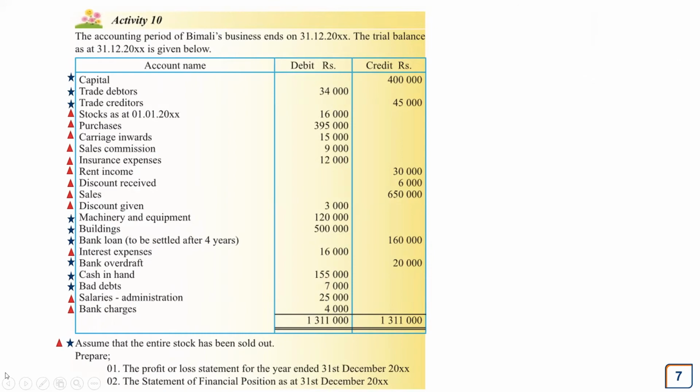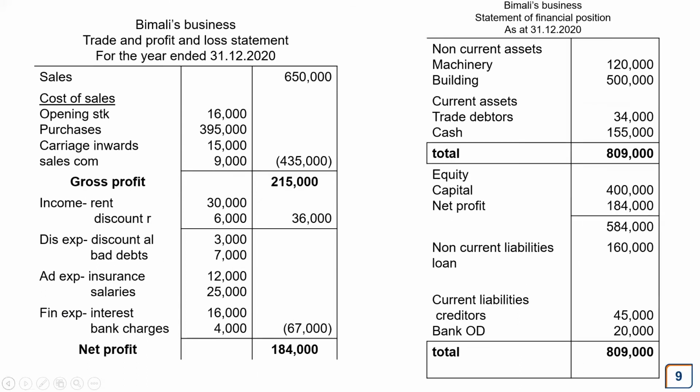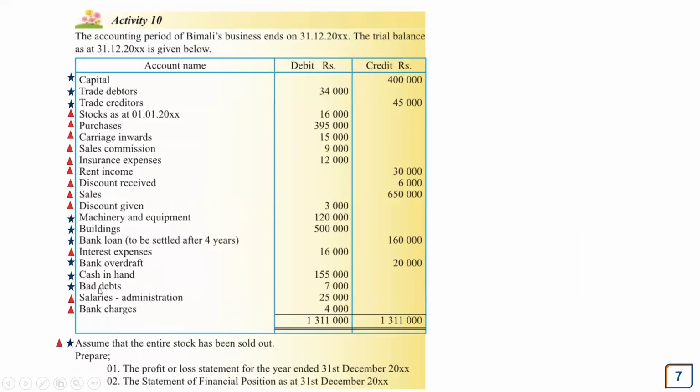Cash in hand 155,000. Are we going to take it to the trading and profit and loss statement? No, we don't. It goes to the statement of financial position as cash. Right? Then bad debt 7,000. When the bad debts amount is given in the trial balance, it shows that we have already deducted that from the debtors.